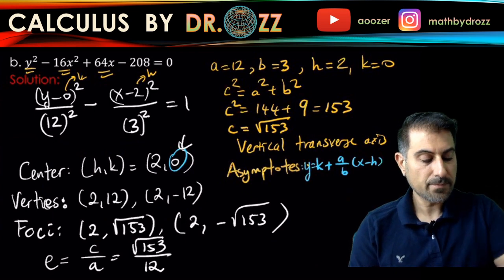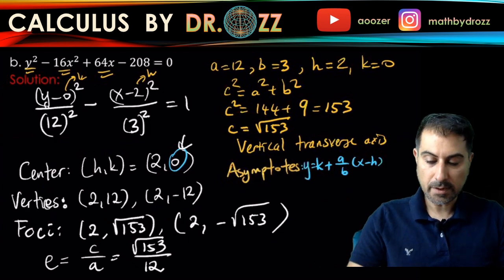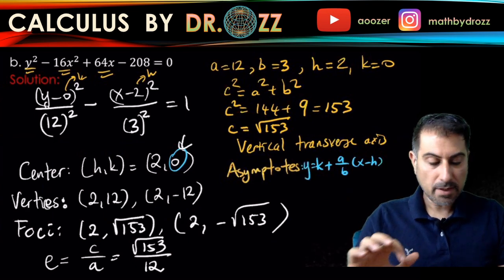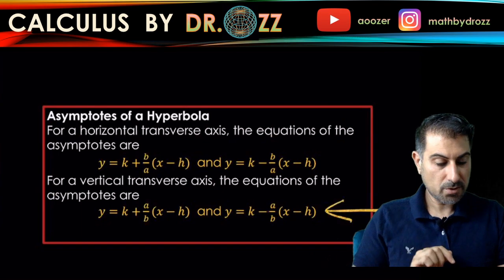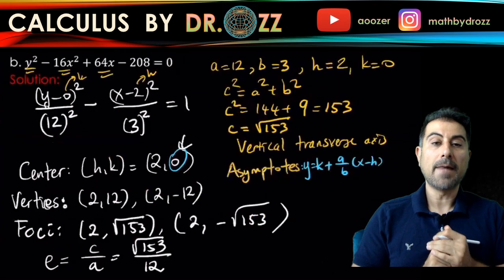Let me just double check. a over b, k plus or minus, right? So I should have plus or minus, which is exactly what I have here if I add the minus sign here.